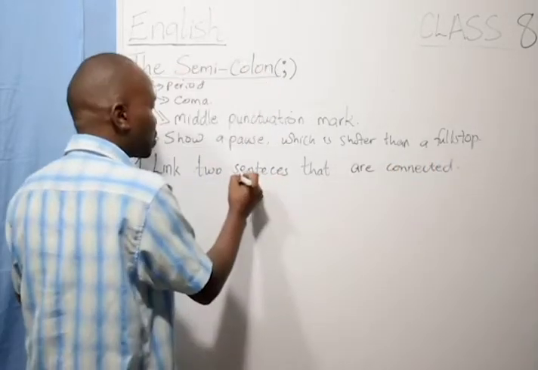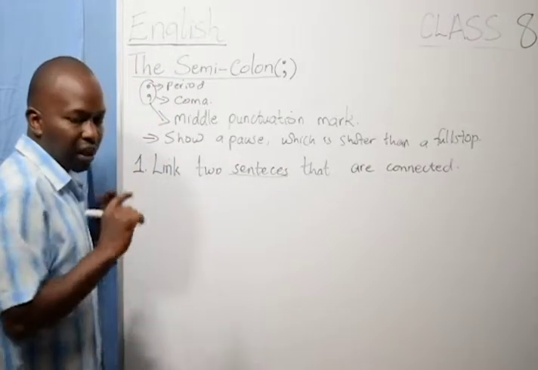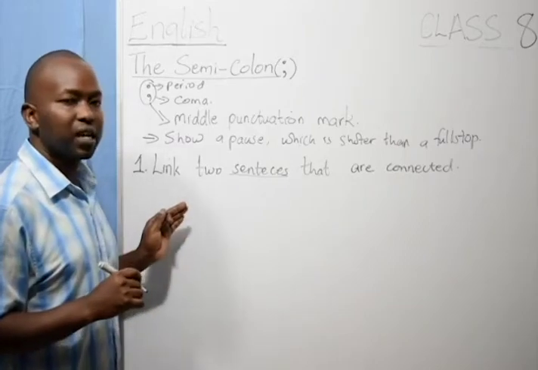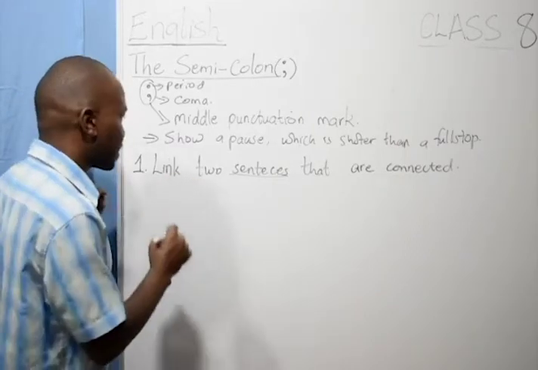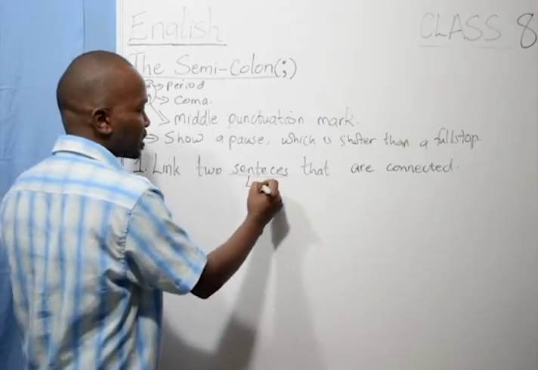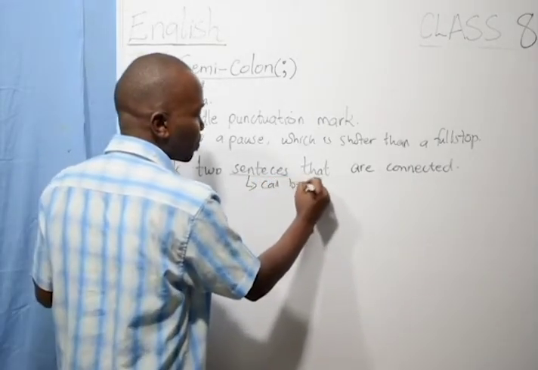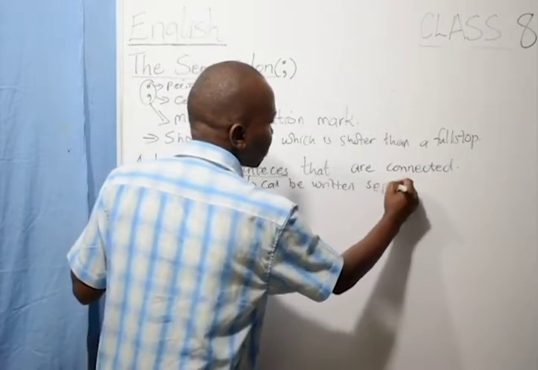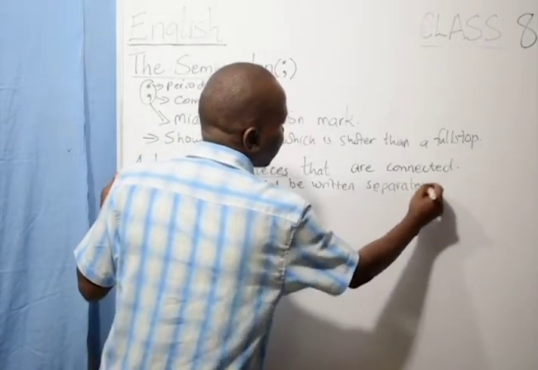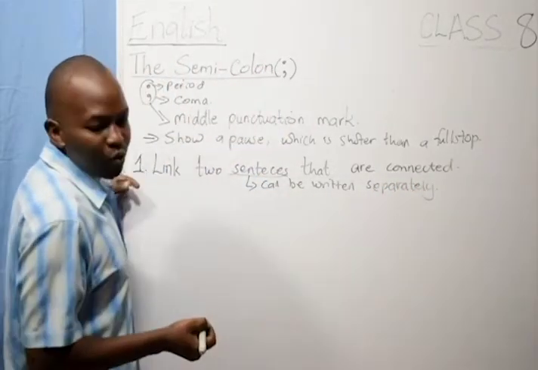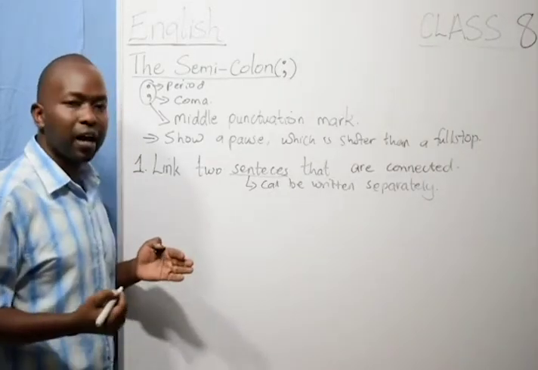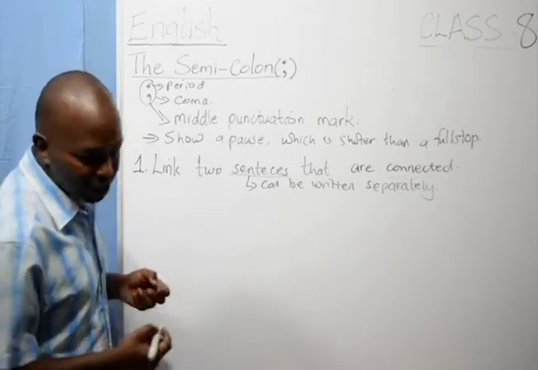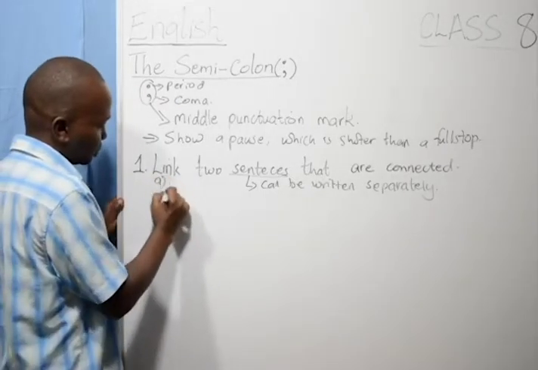You have said two sentences, so it means the two sentences can be written separately. But because you don't want to put a full stop, you want to show that you are a learned pupil, you use a semicolon. Let's look at this sentence here.